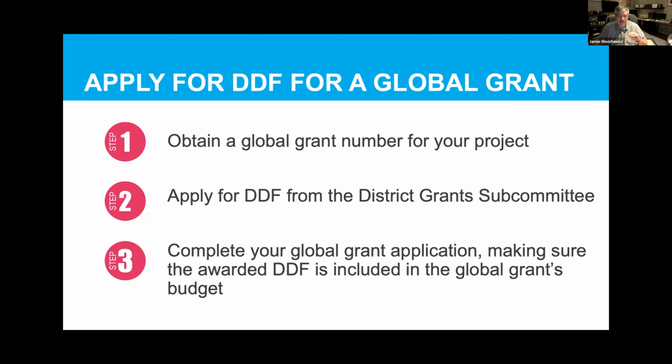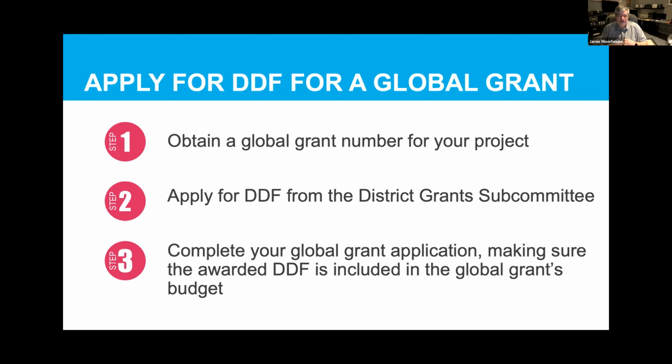So in order to get the global grant number, you don't have to fill out the entire online application form at TRF. You do have to know the name of the project, the focus of the project, if it's humanitarian aid or whatnot, and you need to have the primary contact from the host club and from the international club.